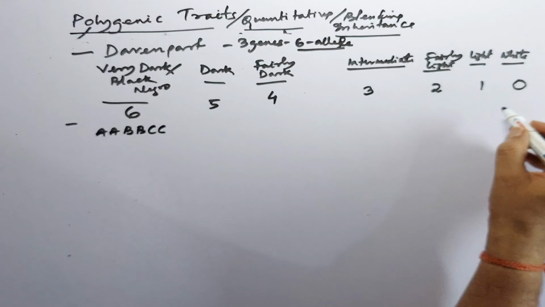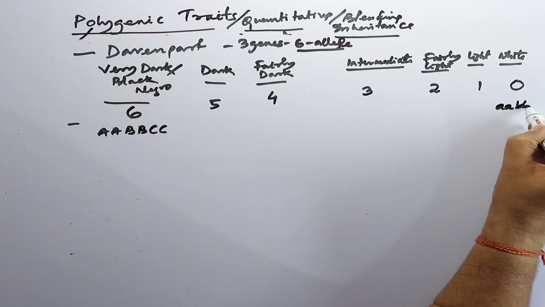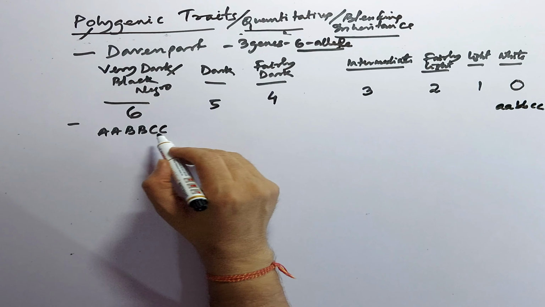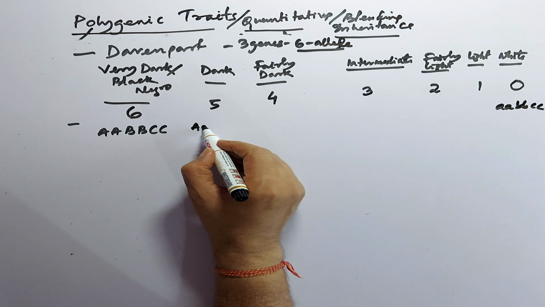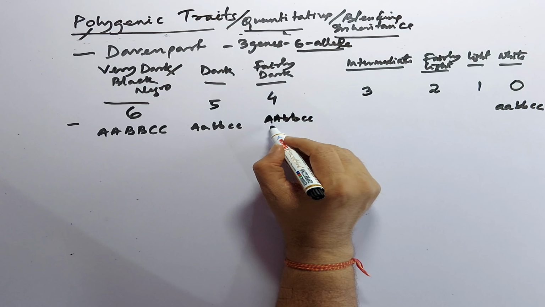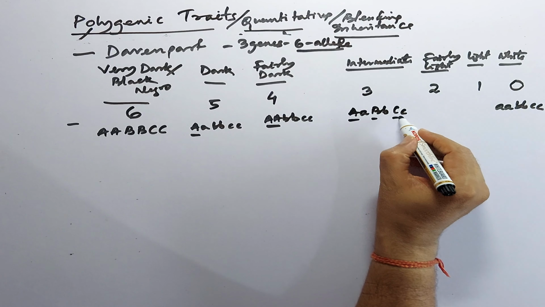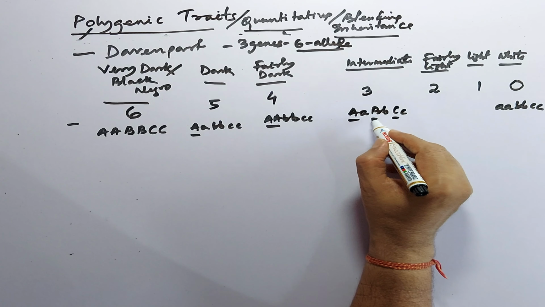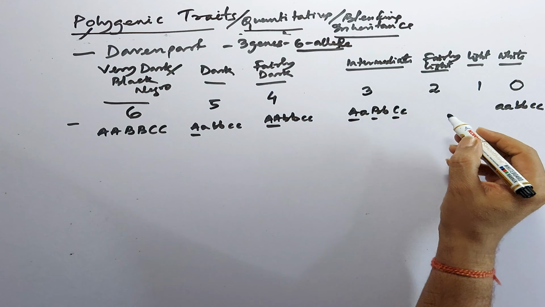So for 6 we can write capital A, A, B, B, C, C, and for 0 small a, a, b, b, c, c. So any one capital, you can write this combination, and other combinations you can also bring. In this any 2 should be capital. Here any 1, and here all the 6, and here 3 are capital. Any 3 you can make capital, then the other 3 should be small.